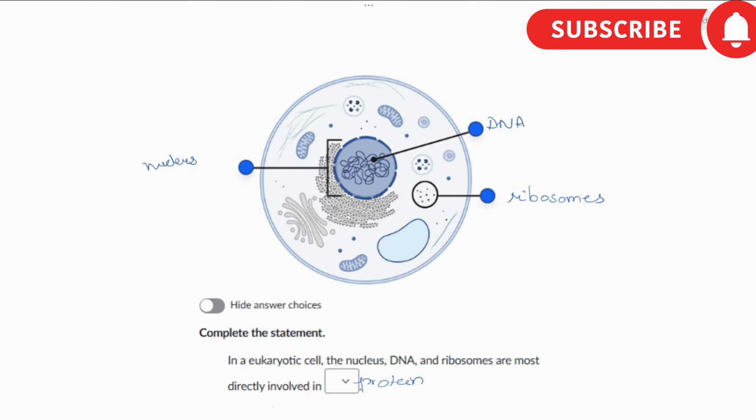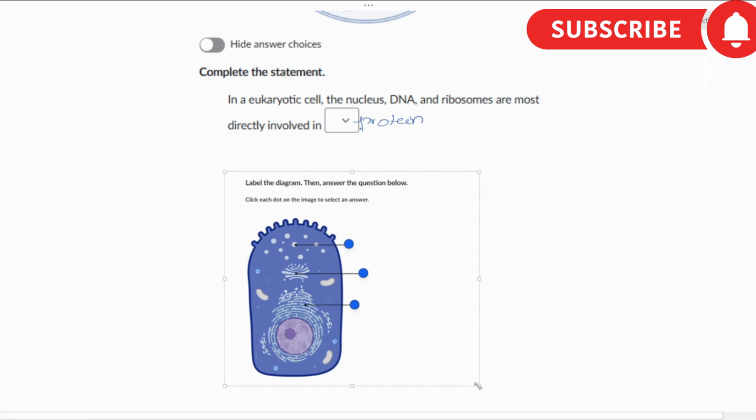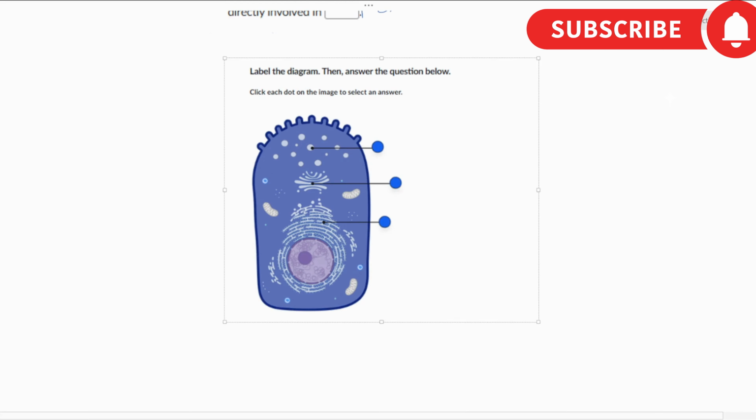Shall I give you one more? It's a bit tough, a new diagram for you, but I hope you'll be able to decode it. It's a eukaryotic cell, and we have to label it. It's different from what we have done today. The topmost.